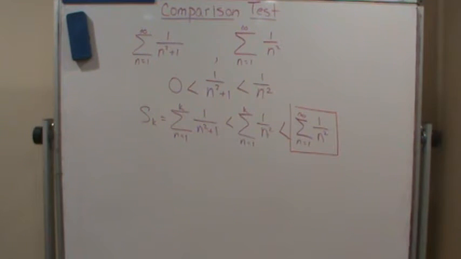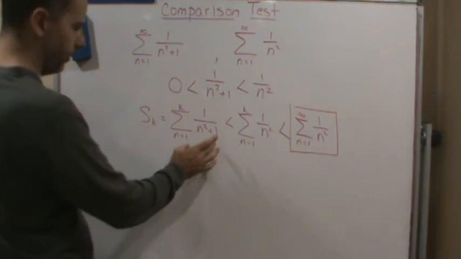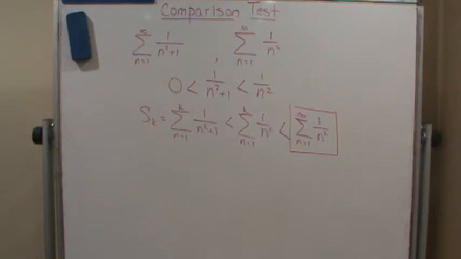And so we conclude that the sequence of partial sums, s of k, is a monotone increasing sequence that is bounded above. And so again, by the monotone convergence theorem, this also converges.